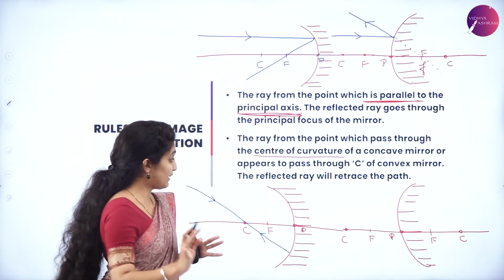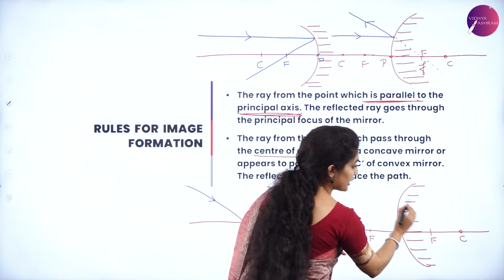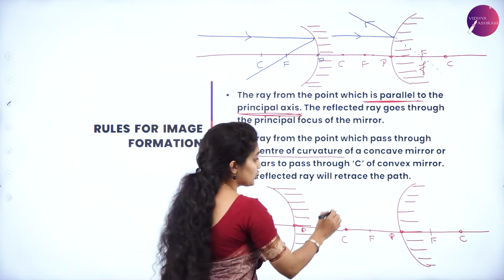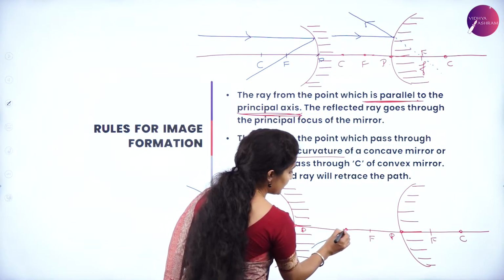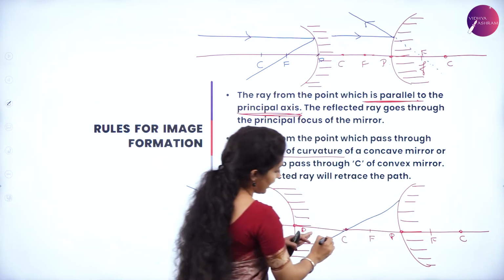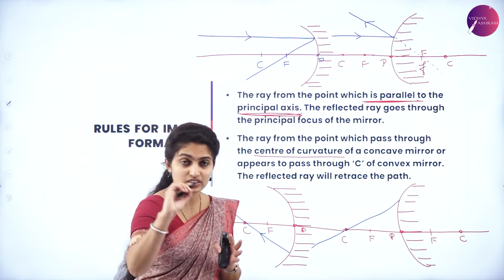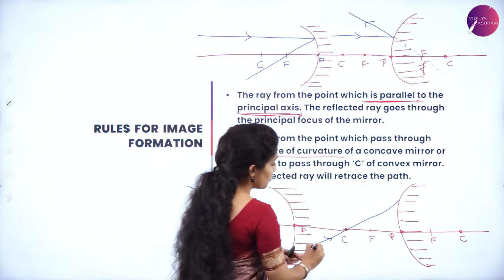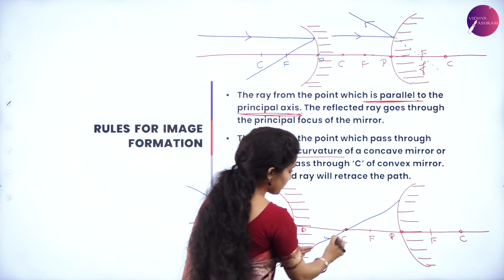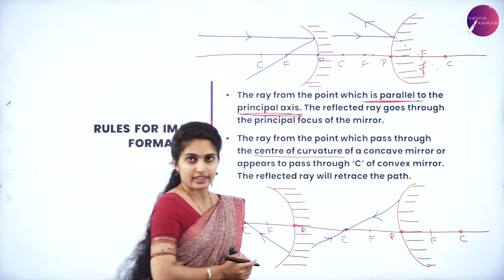Now, if there is a ray passing through the center of curvature, we can't pass any ray like this. If there is any ray passing through it, we can just give it in this way. Actually, the line of the mirror is not straight, it is curved, but the incident ray is always a straight line. So a straight line is moving, that is incident, it reflects back, that is, it traces back its same path. So it will be in this direction.